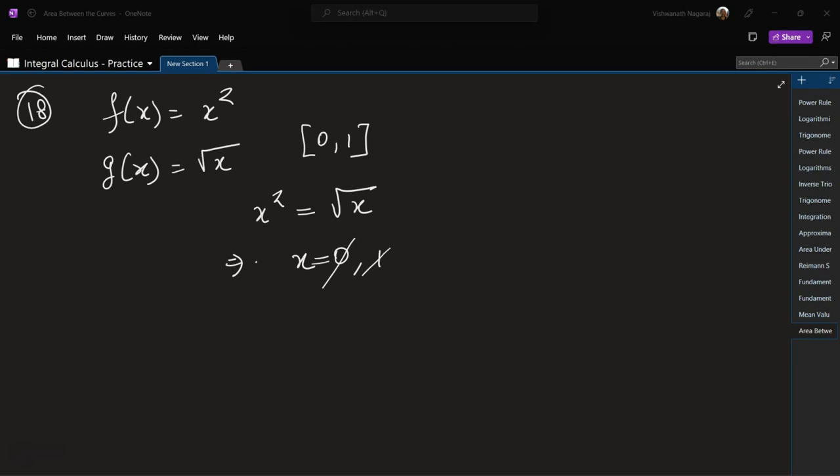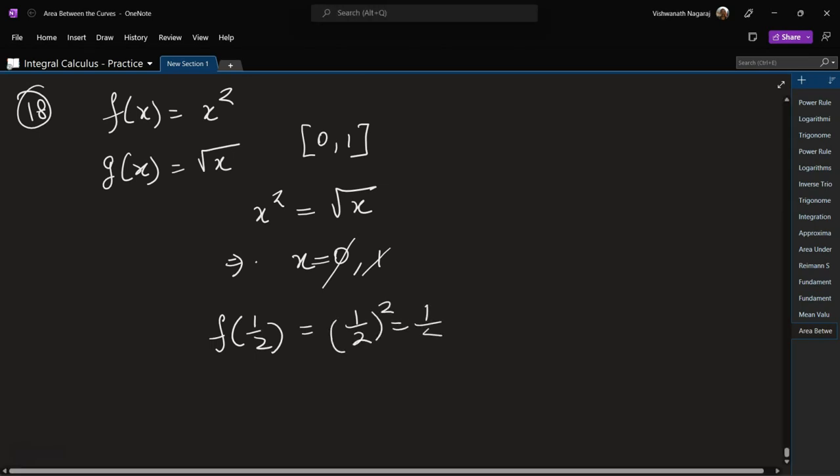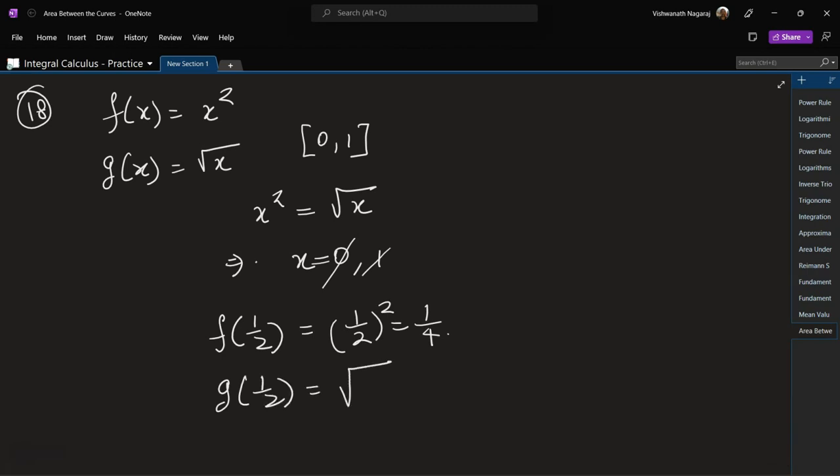Which is higher? It may look as if x square is going to be greater, but still let's take a value. So let's say f of half is going to be 1 by 2 square, which is 1 by 4. g of half is going to be square root of 1 by 2, which is equal to 1 by square root of 2.